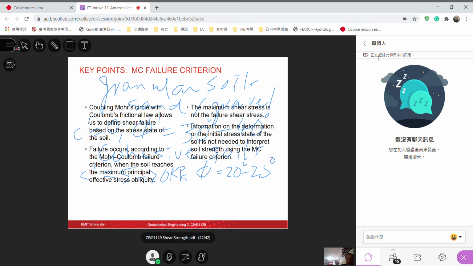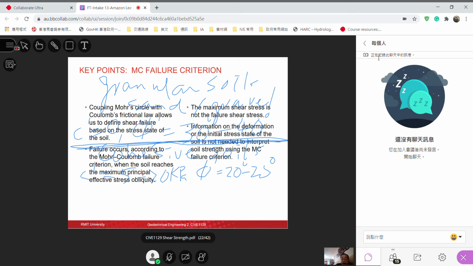Typically, not always, but from my experience, for soil we find in Hong Kong, basically that is the case. Granular soil: cohesion intercept 0, angle of friction somewhere between 30 to 40 degrees.